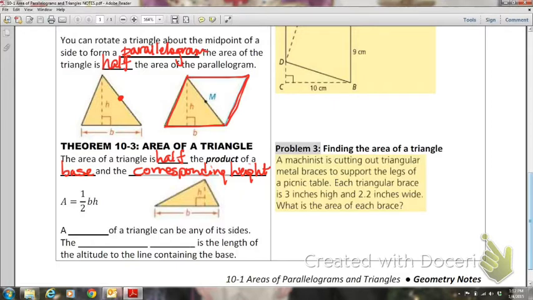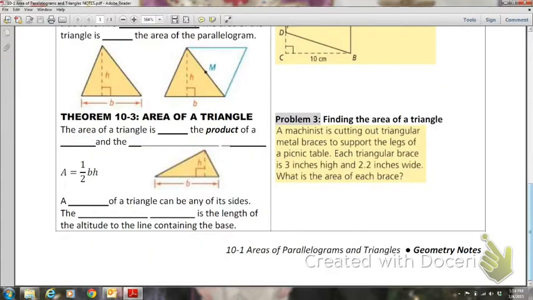From the side of the triangle that you select to be its base, then its height is going to be the perpendicular distance from that base to the opposite vertex for that triangle. So once again, the base of a triangle can be any one of its sides, and whichever side you choose to be the base, the corresponding height is the length of the altitude of the line containing the base.